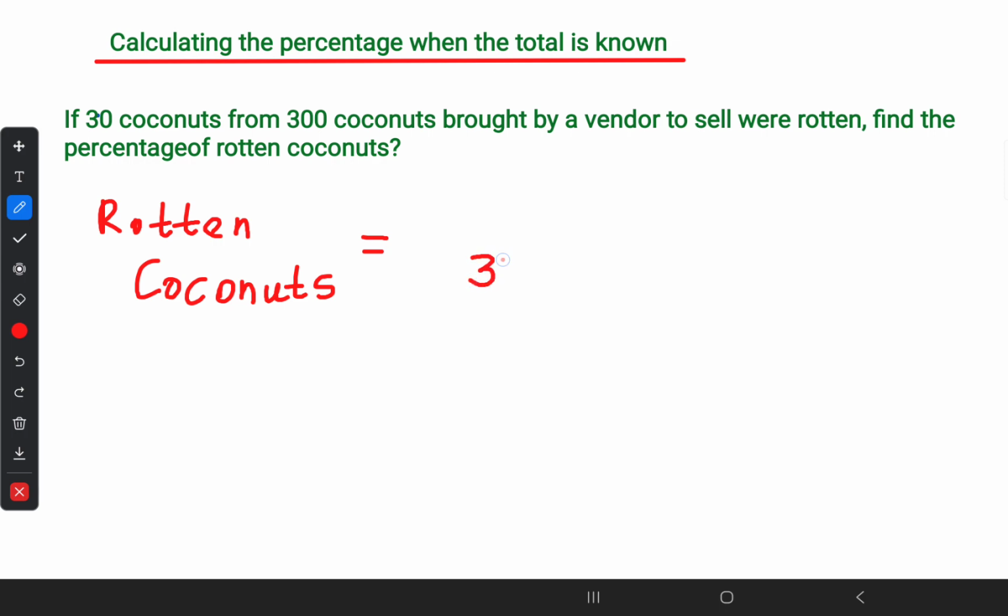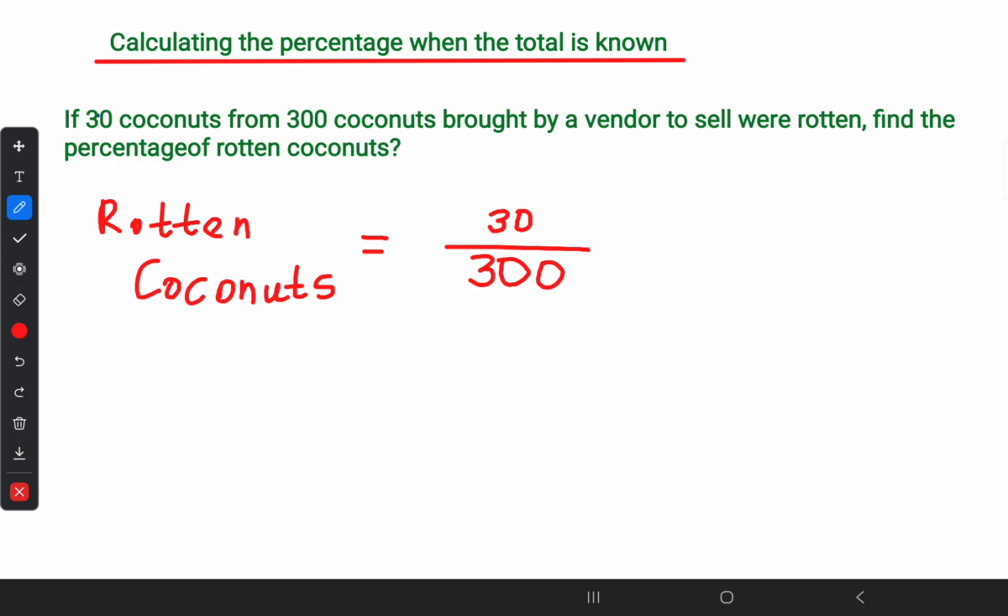In the denominator, you have to write the total. Amongst 300 coconuts, 30 were rotten. So this is the respective fraction for the given data.